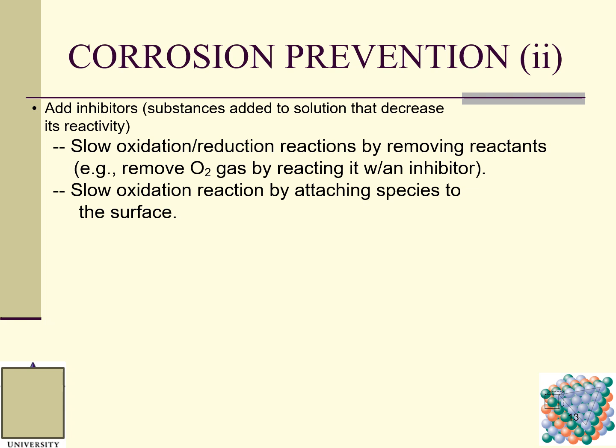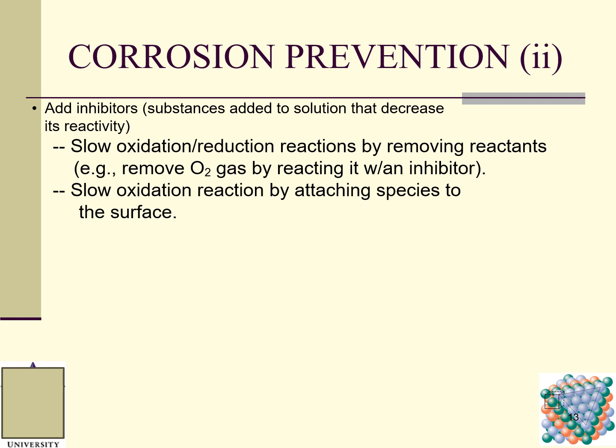And another one is add inhibitors. So inhibitors are external substances added to a solution that decrease its reactivity. For example, they slow oxidation reduction reactions by removing reactants. For example, remove oxygen gas by reacting it with an inhibitor. Right?